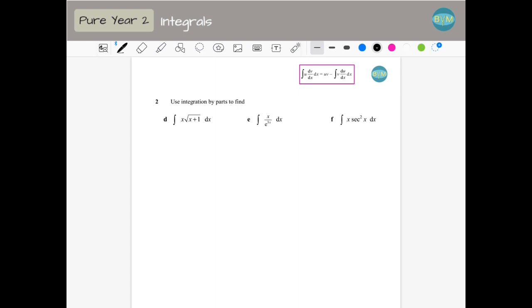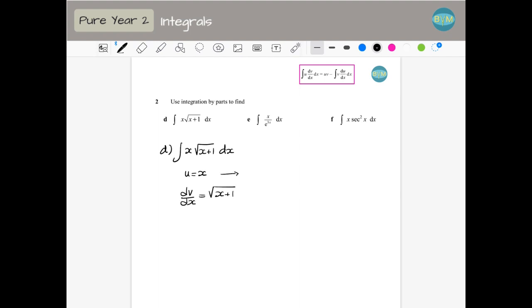More integration by parts. For this one, I have the integral of x root of x plus 1 dx. I'm going to let u be x, so it becomes easier when I differentiate, and dv over dx is root of x plus 1.